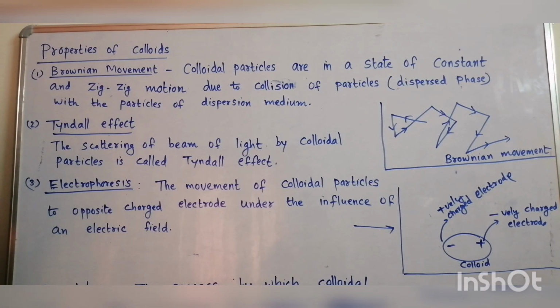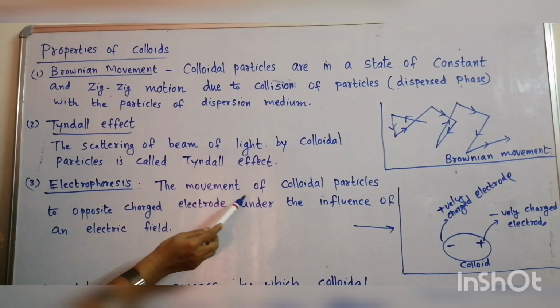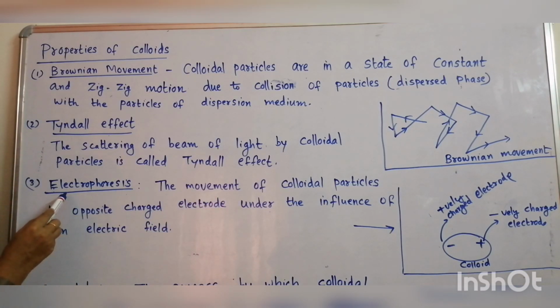When an electric field is applied, the positively charged colloidal particles move towards the negatively charged electrode, and negatively charged colloidal particles move towards the positively charged electrode. This movement of colloidal particles is called electrophoresis.